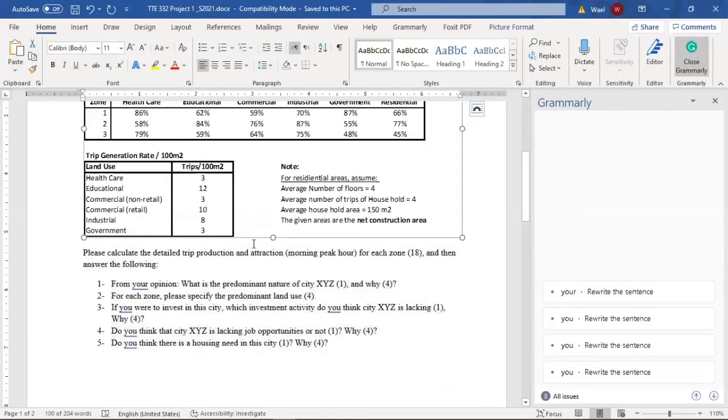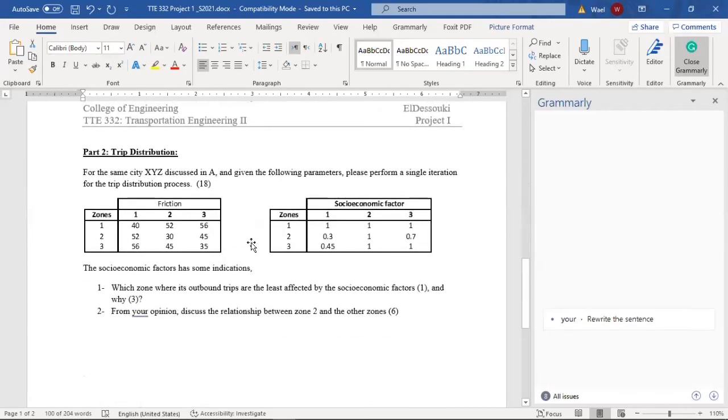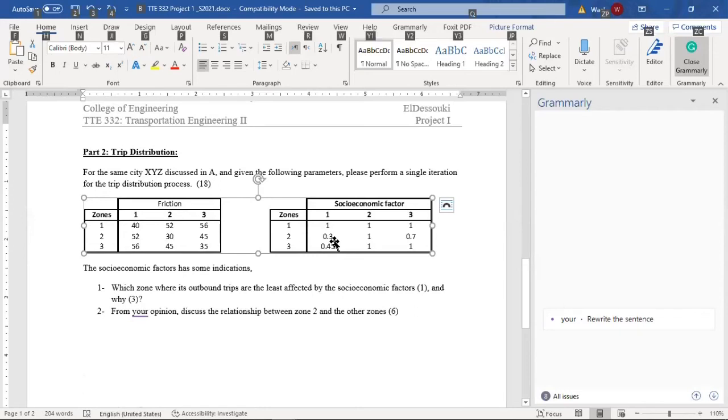The second part here says that's the friction between the zones, and that's the socioeconomic factor. So this one is not as simplified as the previous one. So here we will add this, and let's go back to our sheet that we were working on.